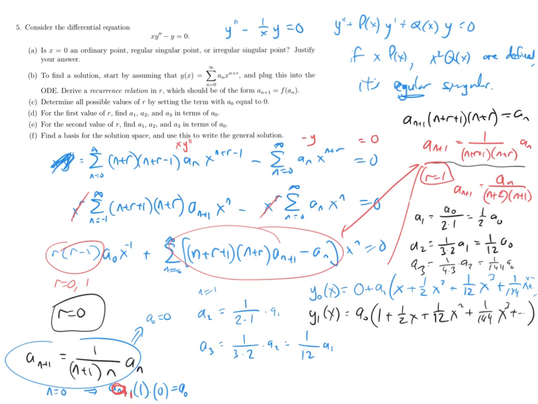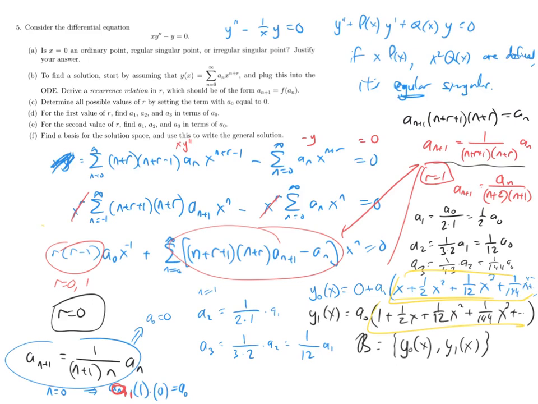A basis for the solution space is y0(x) and y1(x). The general solution is literally this plus this.